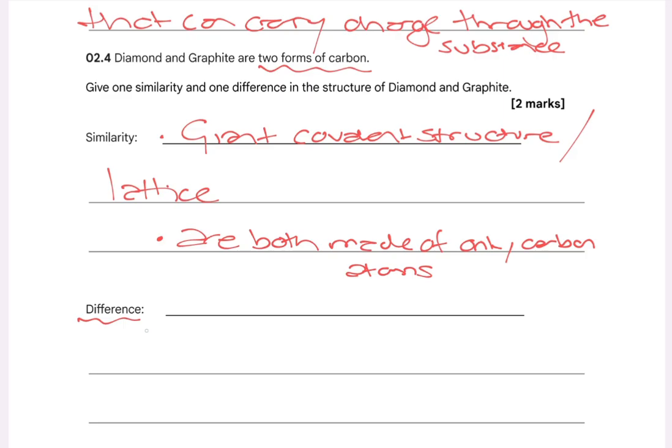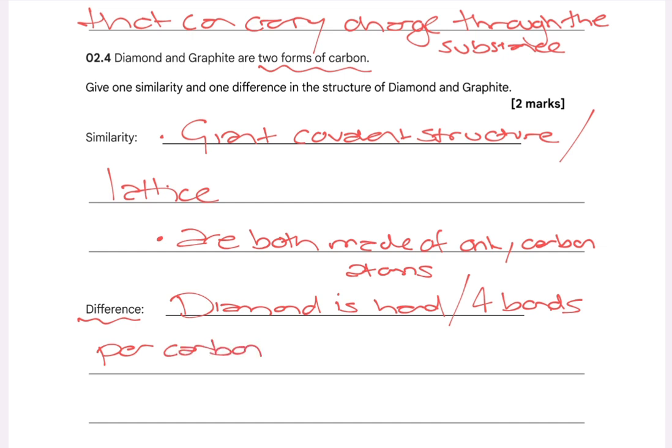However, differences being, diamond is a very hard substance and graphite is relatively not. So diamond is hard. It's hard because it has 4 bonds per carbon, whereas graphite only has 3. And with these, you would probably need to give the alternative as well. So you would probably say diamond is hard, but graphite is soft.